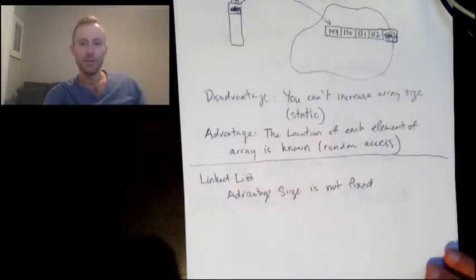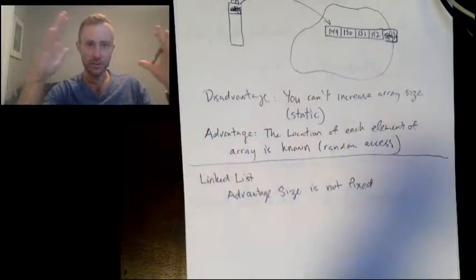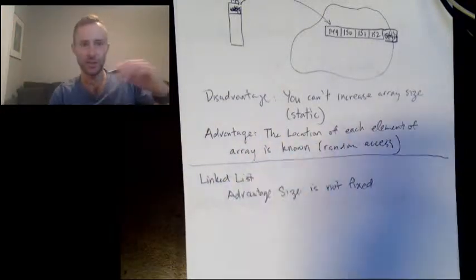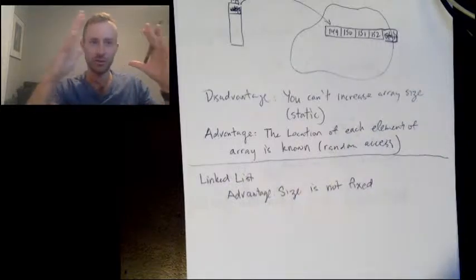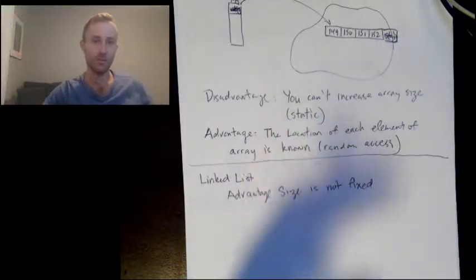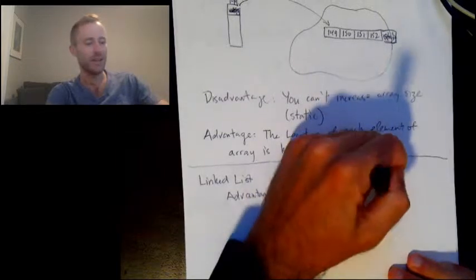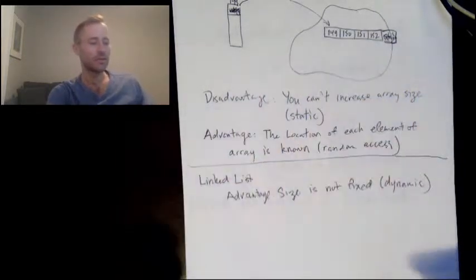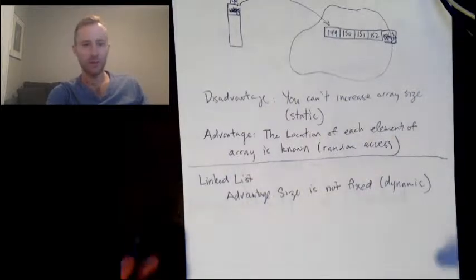Okay? So because the size of a linked list is not fixed, you could add additional elements. So you could basically make the array longer if you wanted to. So we call that dynamic. Linked lists are dynamic, and that's an advantage.